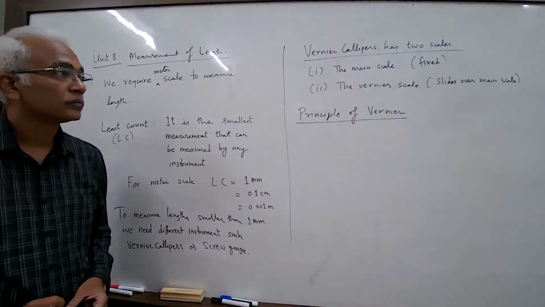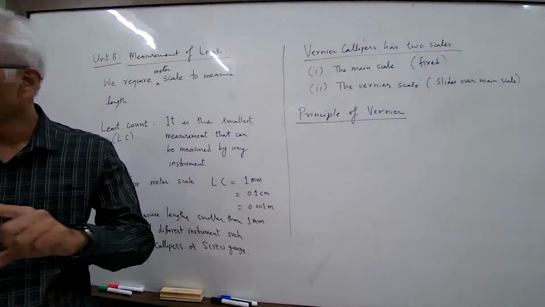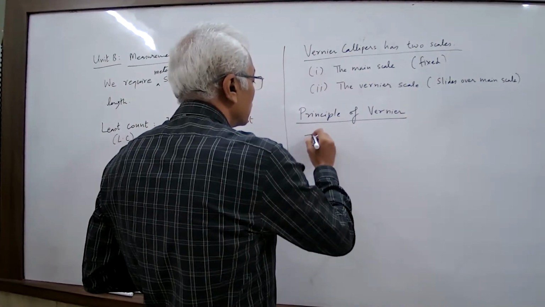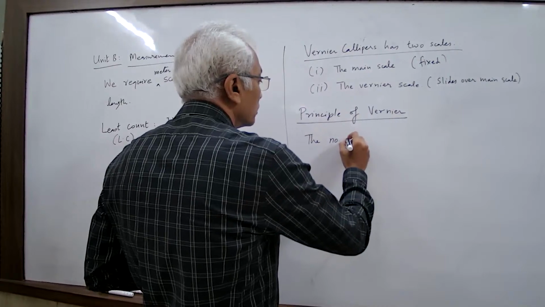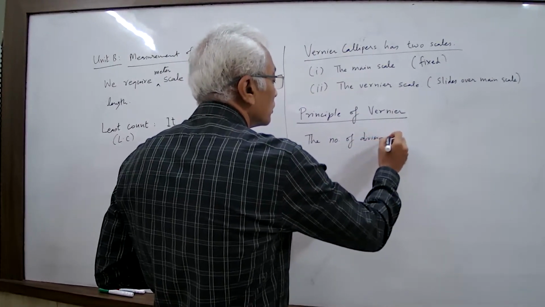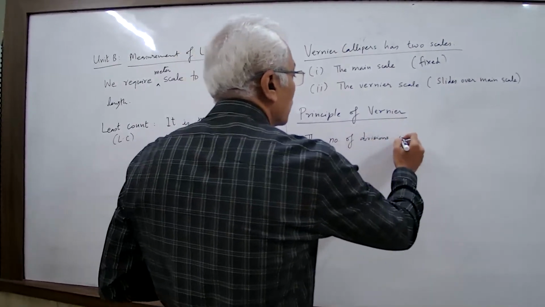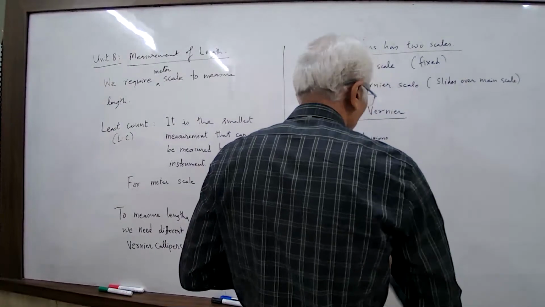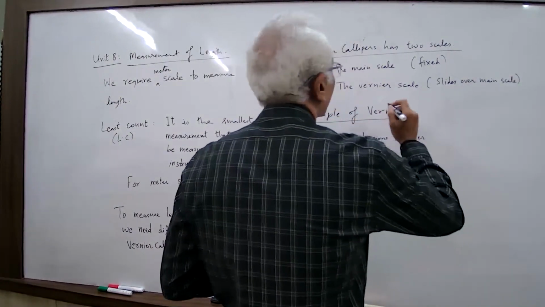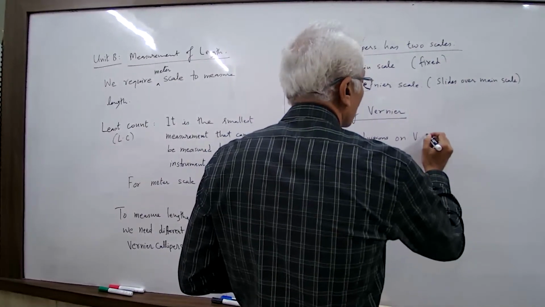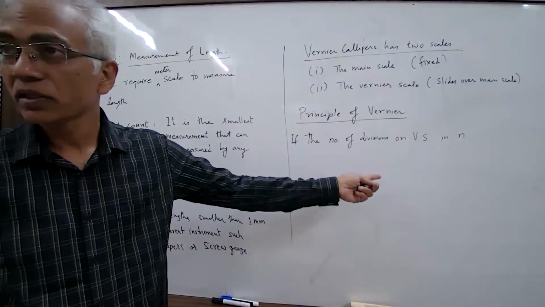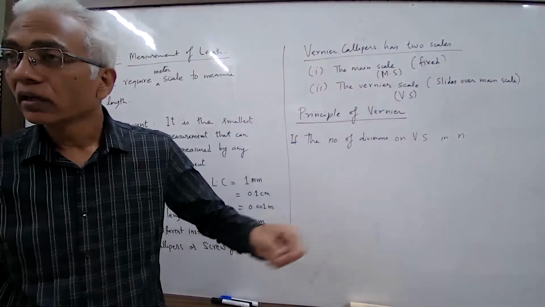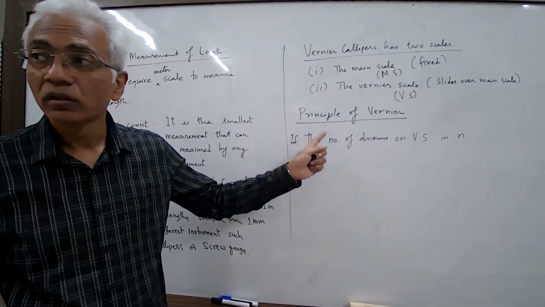Principle of vernier. अब देखो दो स्केल होता है, अभी देखा तुमने, एक बड़ा वाला फिक्स स्केल, उसके ऊपर जो स्लाइड होता है। So the number of divisions on the vernier scale, अभी हम इसको वर्नियर स्केल को VS लिखेंगे, and main scale MS. If there are N divisions on the vernier scale, this is the principle, right?